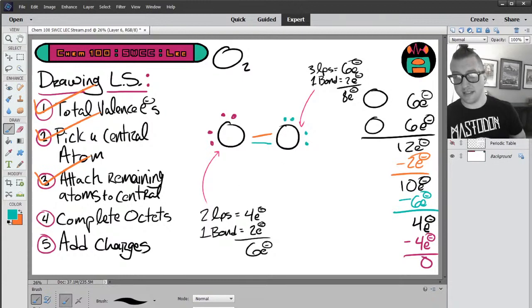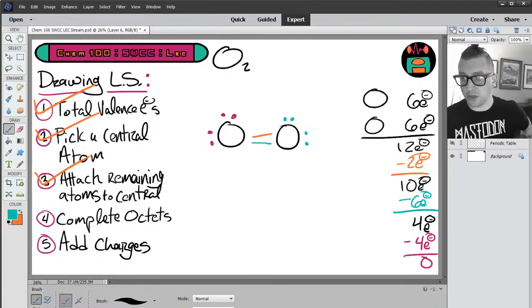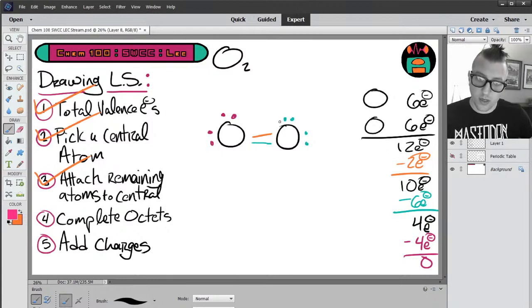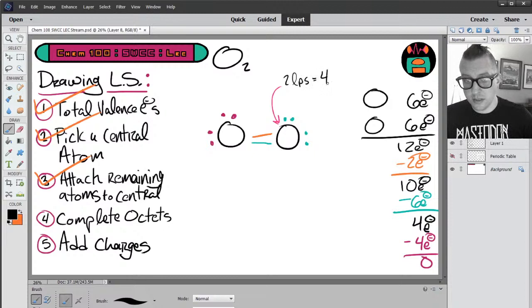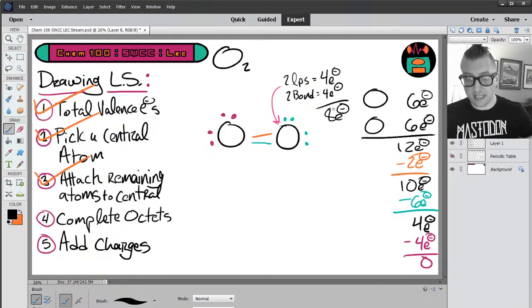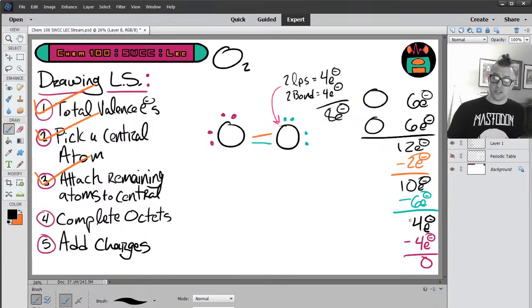Now look at what this does to our electron count for each oxygen. Our first oxygen has 2 lone pairs, so there's 4 electrons there. And 2 bonds, 4 electrons again, for a total of 8 electrons. That first oxygen still has access to 8 electrons.